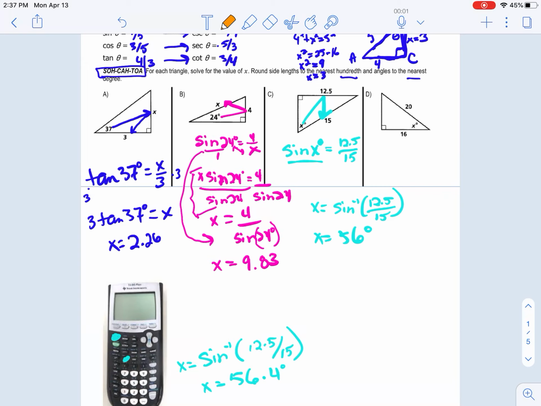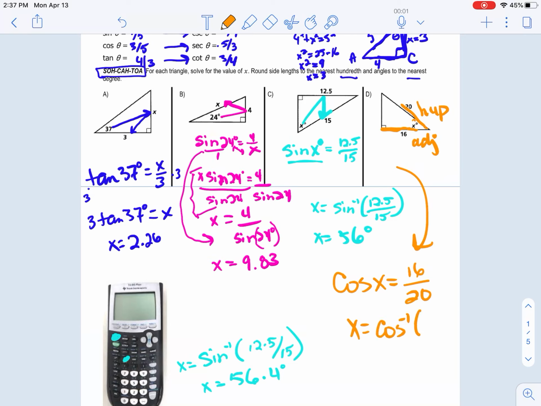Okay, so for D, we have this side, which is the one touching it, so it's our adjacent. This is our hypotenuse. So this one is going to be cosine of x equals 16 over 20. So x equals cosine inverse, or inverse cosine.